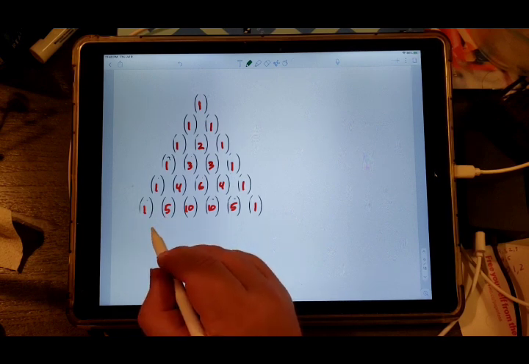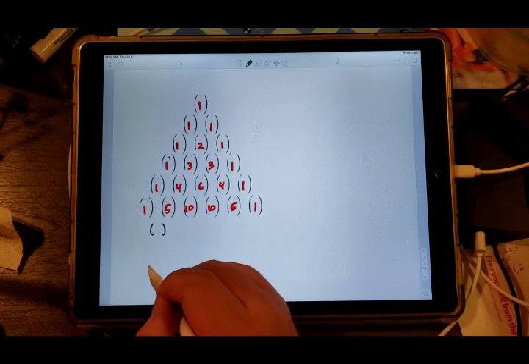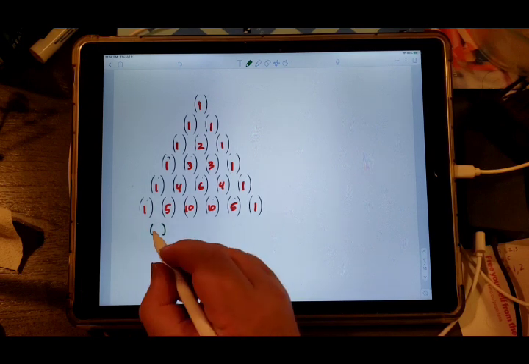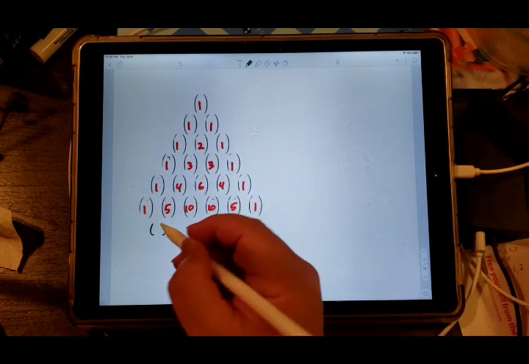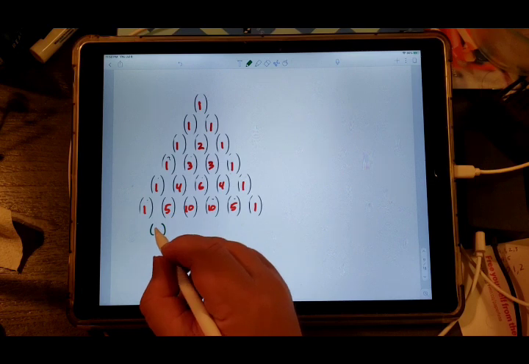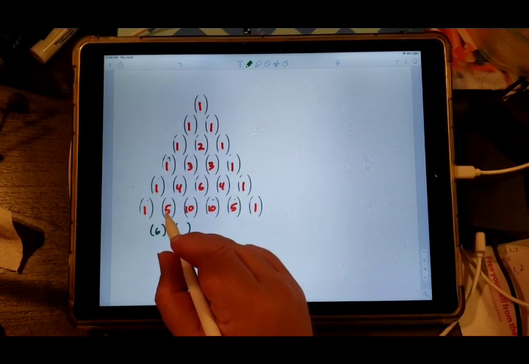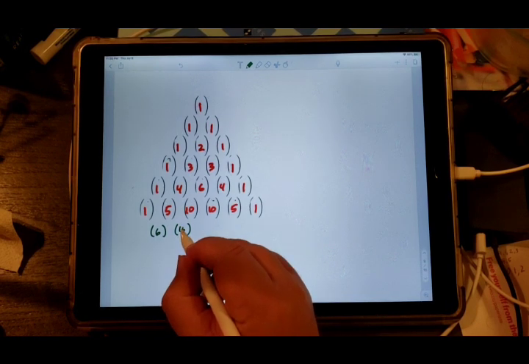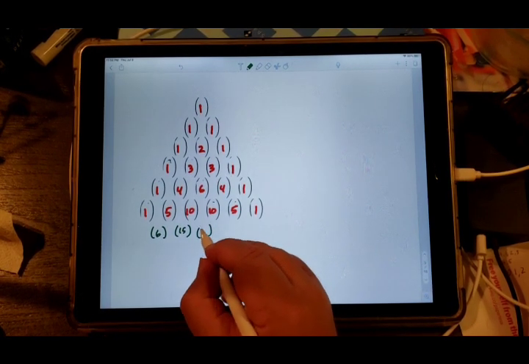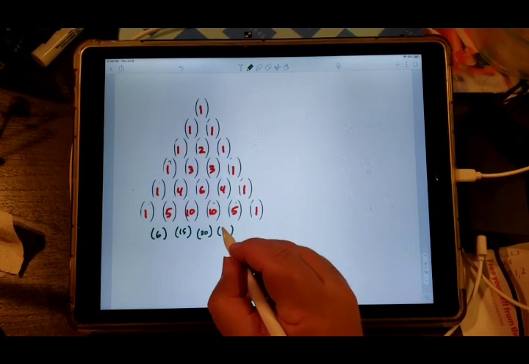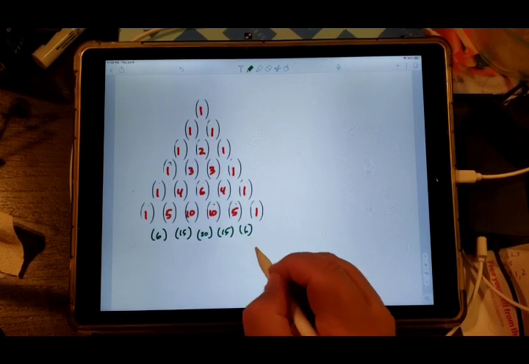So when I fill in a spot right here, between those two, I add those values together. So this 1 plus that 5 is 6. If I want to fill in this space, it would be 5 plus 10, 15. 10 plus 10 is 20. And by doing this, I'm creating a triangle.